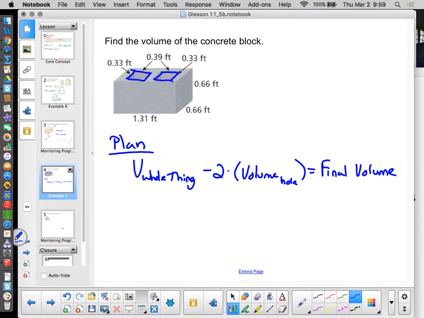So the volume of the whole thing, well, that's a prism, and the volume is going to be base area times height. I'm going to use this as my base. And of course, we can kind of get the idea that these holes go all the way through. My base area is 1.31 times 0.66, or 0.8646.